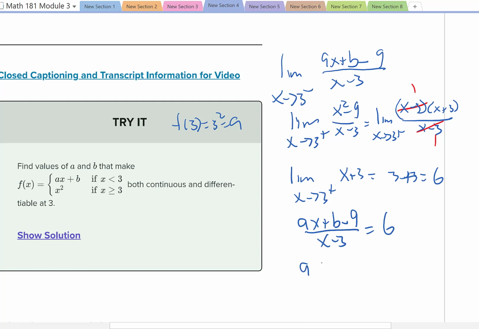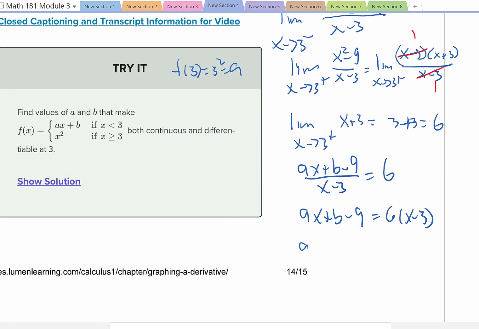So that ax plus b minus 9 must equal 6 times x minus 3. Ax plus b minus 9 equals 6x minus 18. And if I add the 9 to both sides, I have ax plus b equals 6x minus 9.